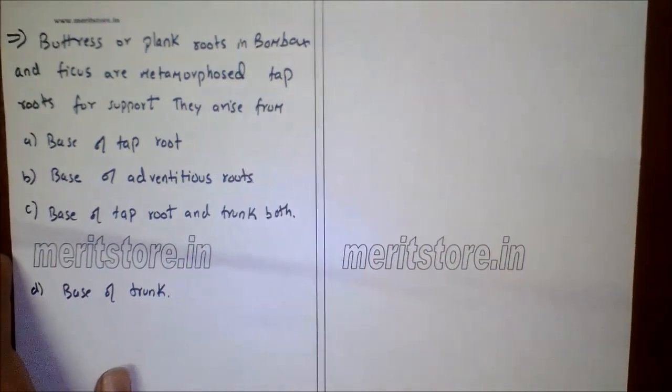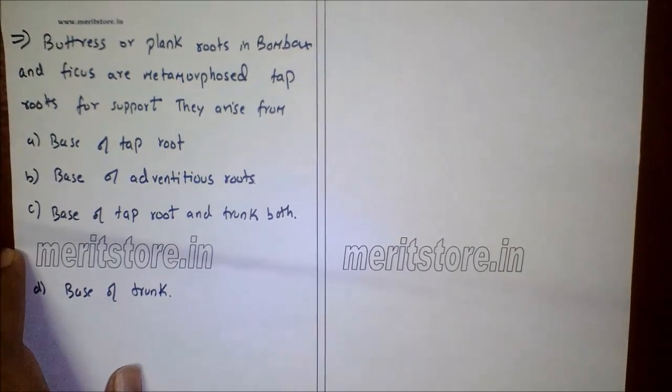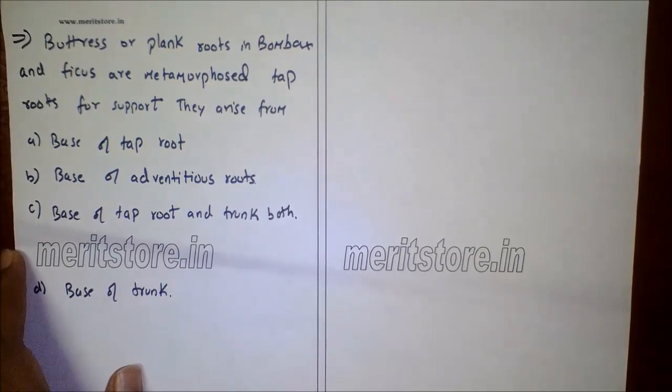Buttress or plank roots in Bombax and Ficus are metamorphosed taproots for support. They arise from A. base of the taproot, B. base of adventitious root, C. base of taproot and trunk root, D. base of trunk.